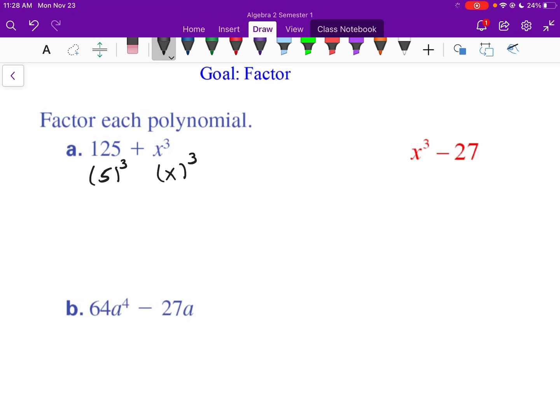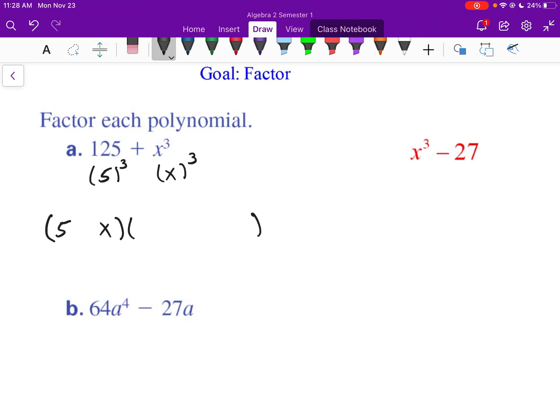Okay, now, when we do the sum and difference of cubes, it's going to be a binomial times a trinomial. And when I do this, you take the first 2 terms. Okay, first term is 5, second term is x.